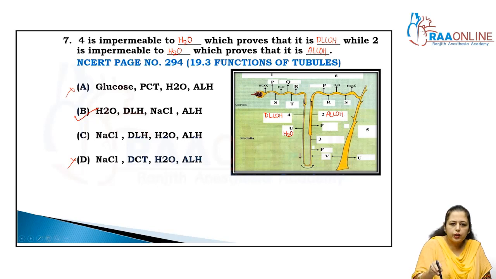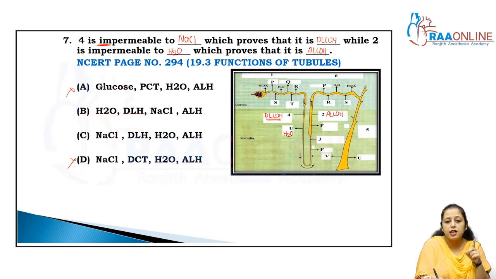No, wait. 4 is impermeable. Sorry, 4 is permeable for water and impermeable for NaCl, right? That descending limb of LOH is impermeable. I just skipped that word because in my mind it was permeable, so you have to read the question properly.